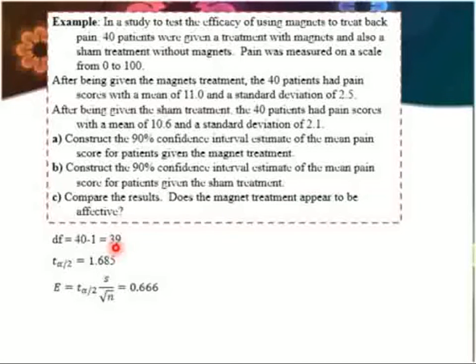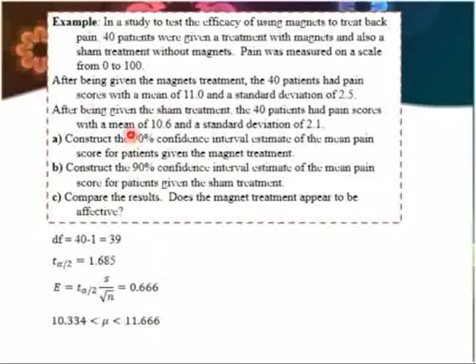Then from there we can calculate our error estimate, or our margin of error, as 0.666, and finally we can add and subtract that 0.666 to our sample mean, which in part A, if we were looking at the patients who were given the magnet treatment, the mean score was 11. So I simply took 11 minus 0.666 and 11 plus 0.666.